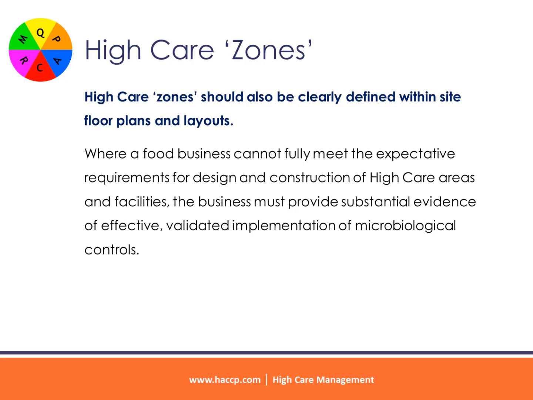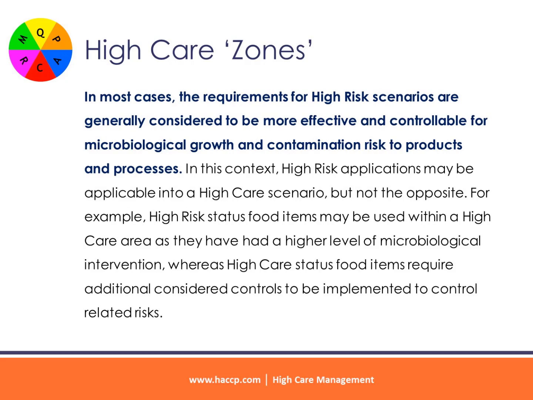Where a food business cannot fully meet the expected requirements for design and construction of high-care areas and facilities, the business must provide substantial evidence of effective, validated implementation of microbiological controls. In most cases, the requirements for high-risk scenarios are generally considered to be more effective and controllable for microbiological growth and contamination risk to products and processes.